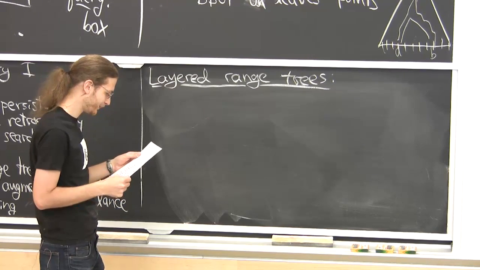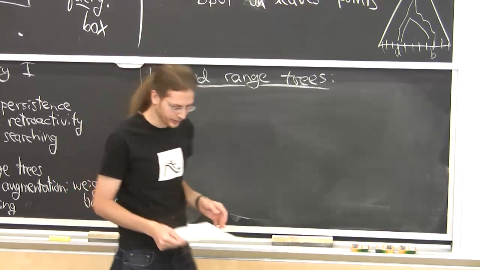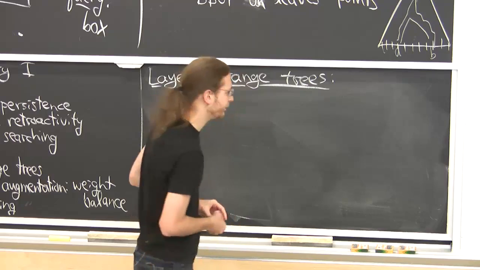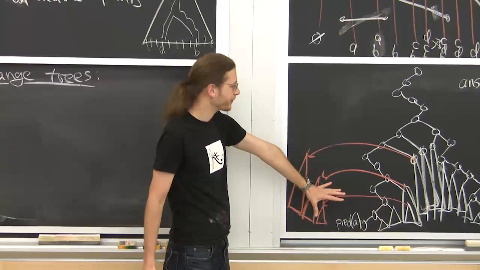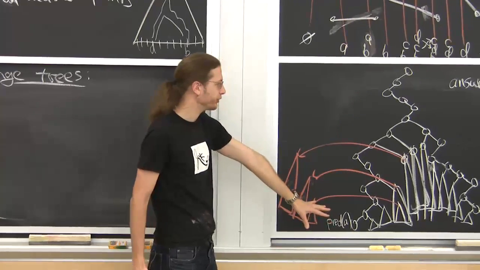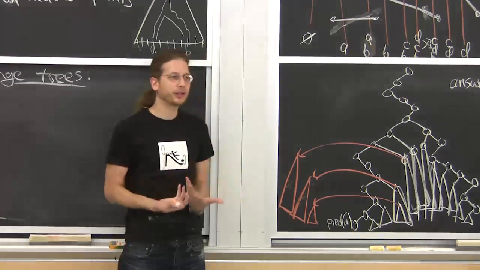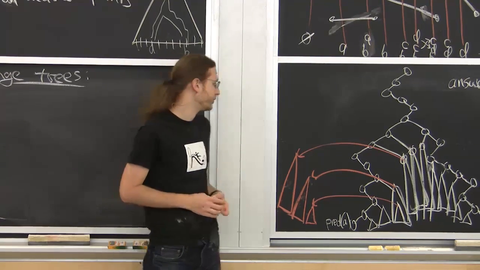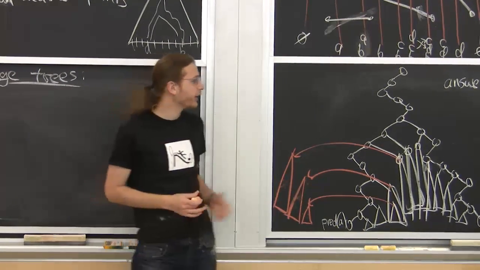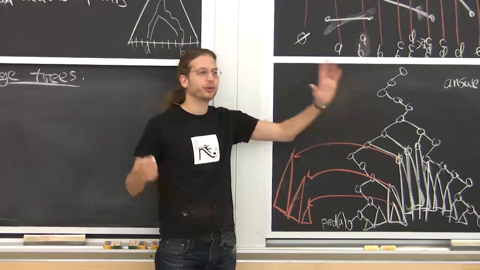So, fun stuff. This is where I want to change my notes. We're searching in X with a regular 1D range tree. I also want to have an array of all the items sorted by y coordinate.